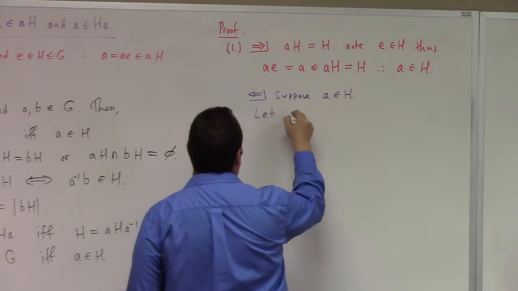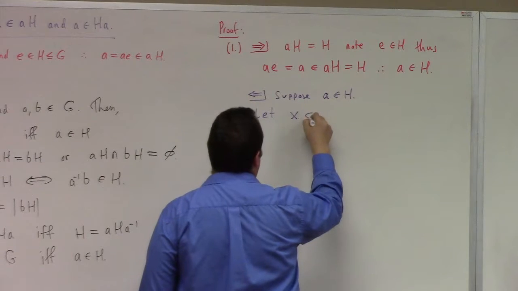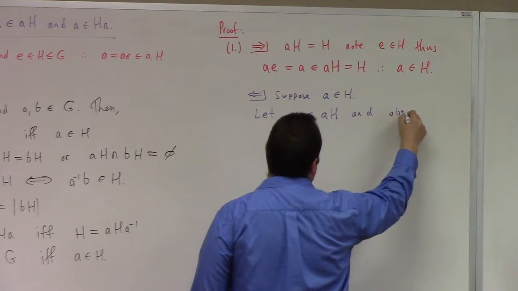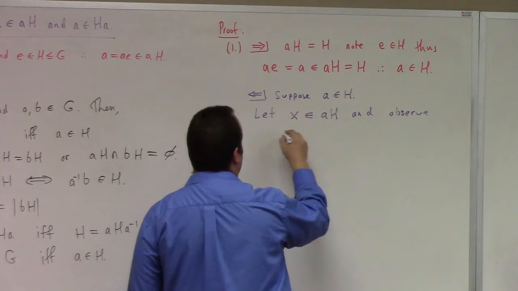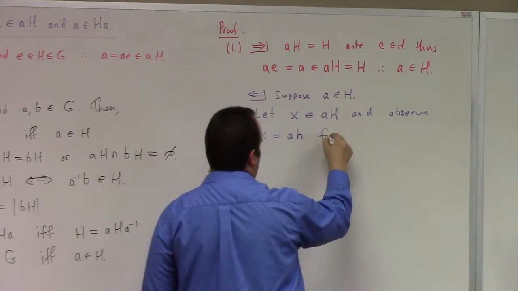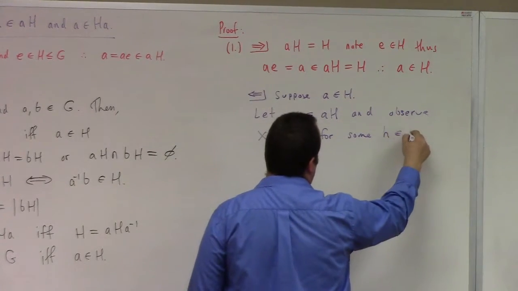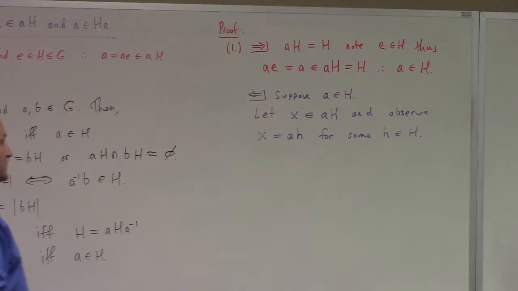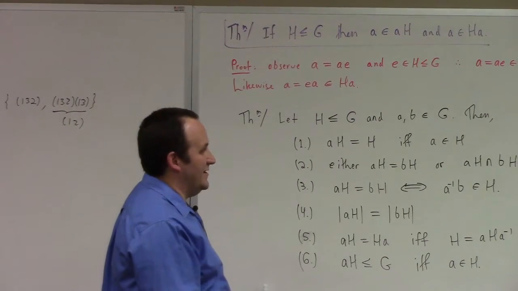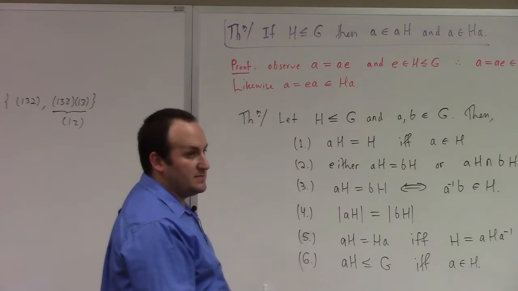Let x be an element of aH, right? And observe that x is equal to what? x has to be equal to a times little h for some h in H, right? By definition of the coset. I'm trying to prove that x is an element of H as well, right? Why is x an element of H?